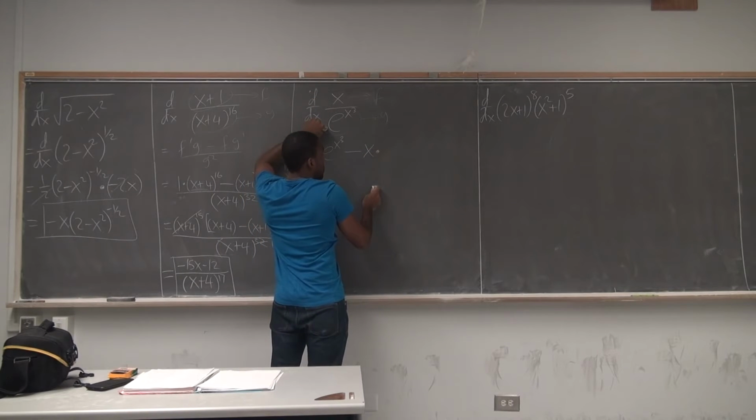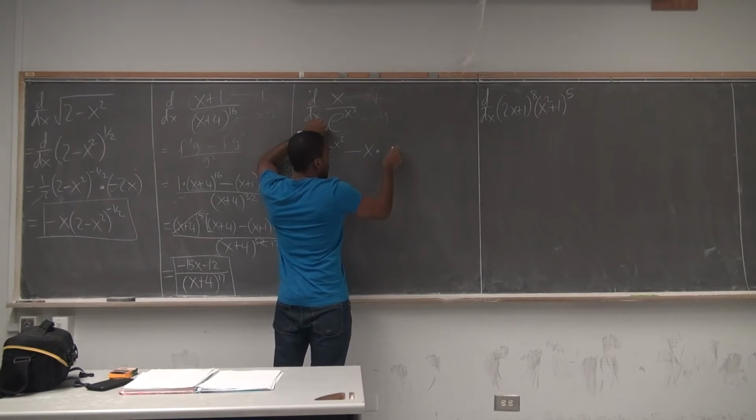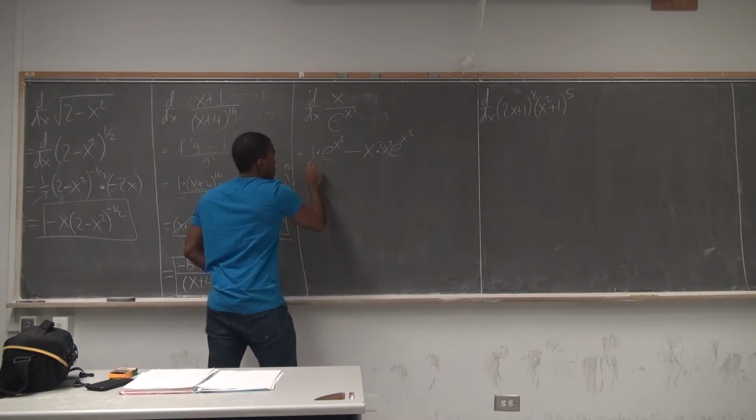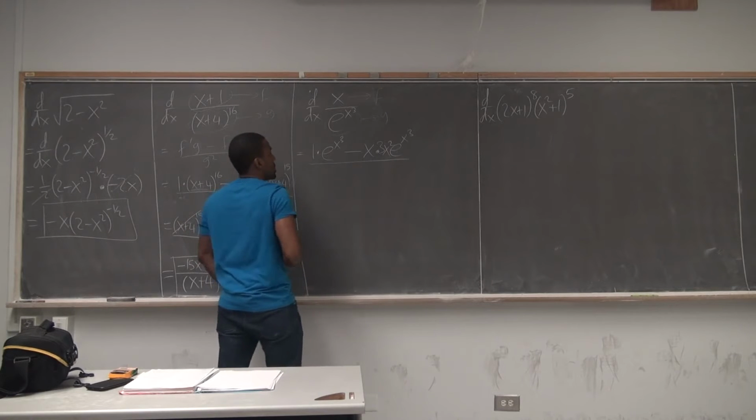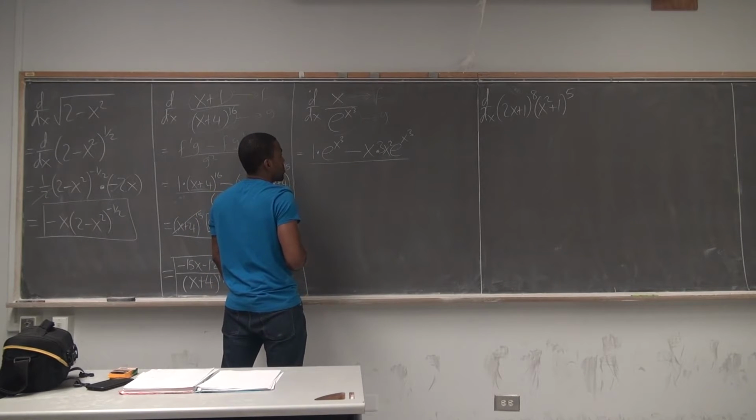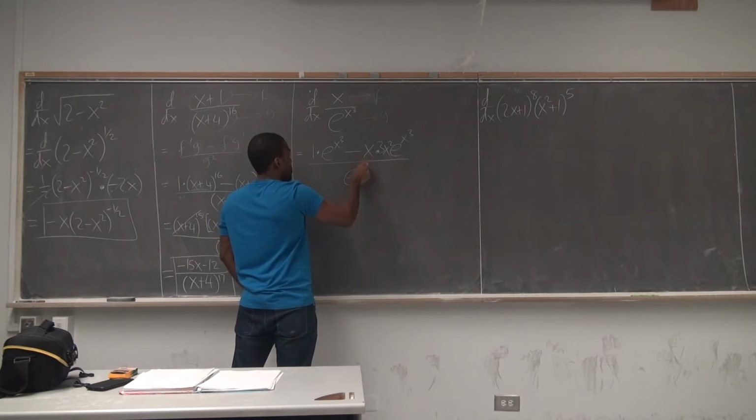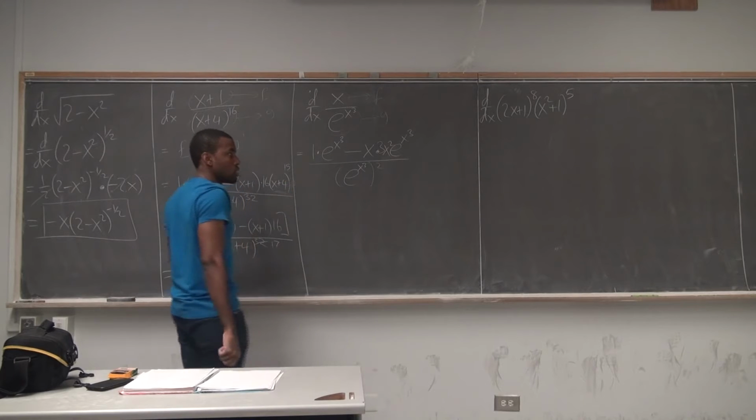How do I find that? E to the x cubed times 3x squared, right? Derivative of the power times the original function, chain rule. Divided by e to the x cubed squared, right? Or you can write it as e to the 2x cubed.